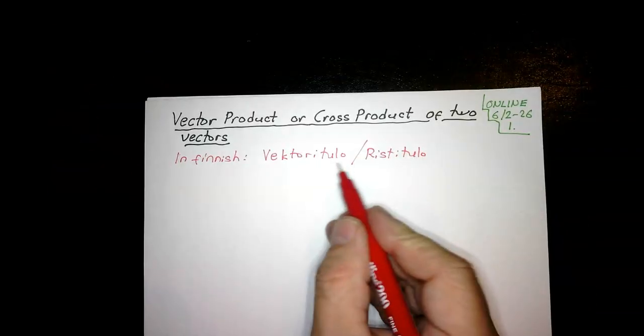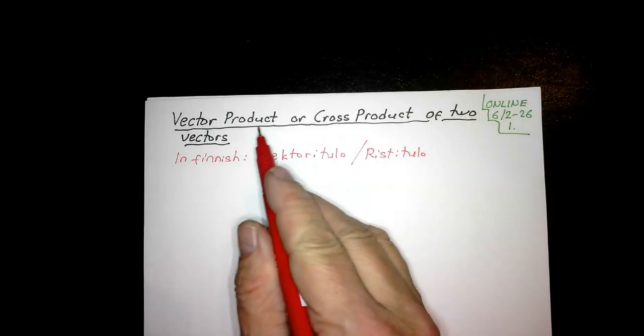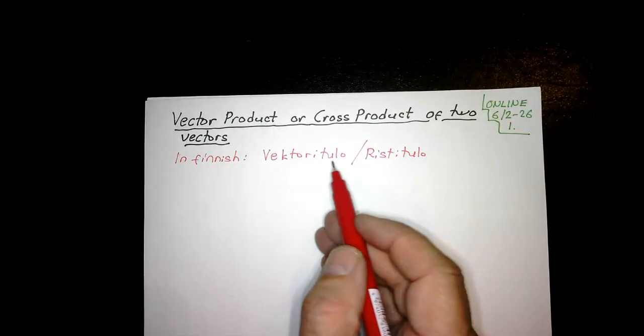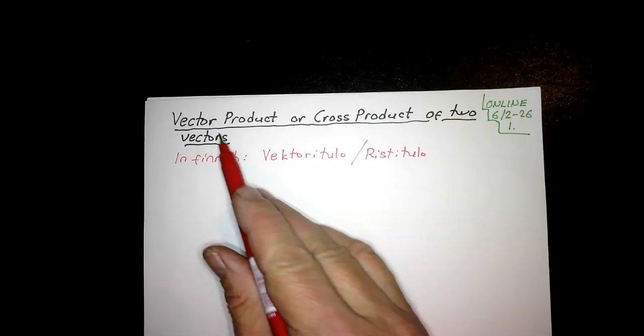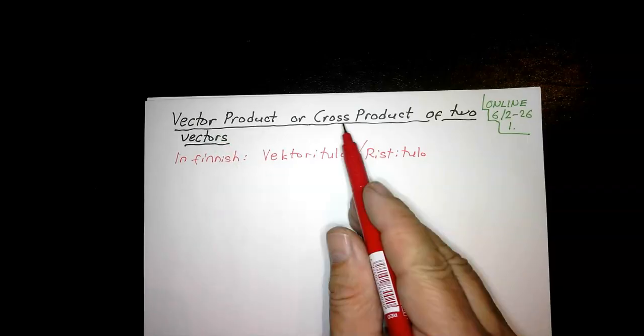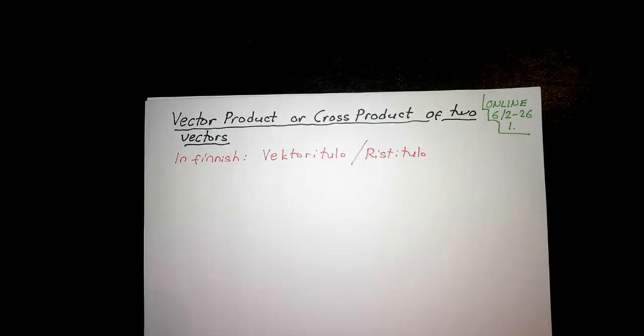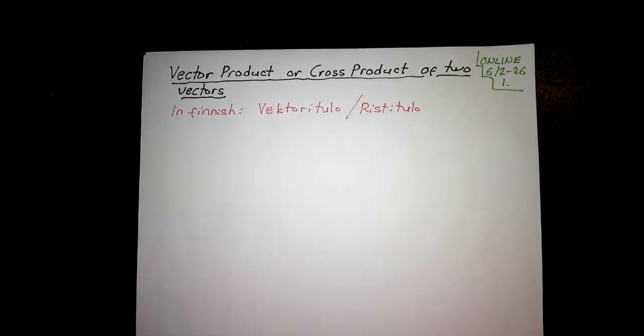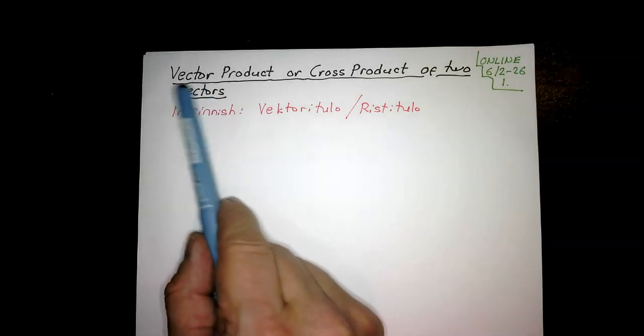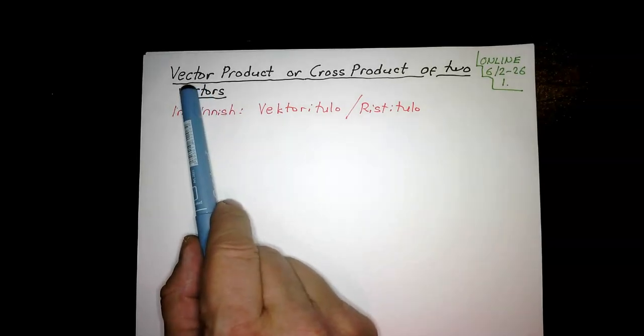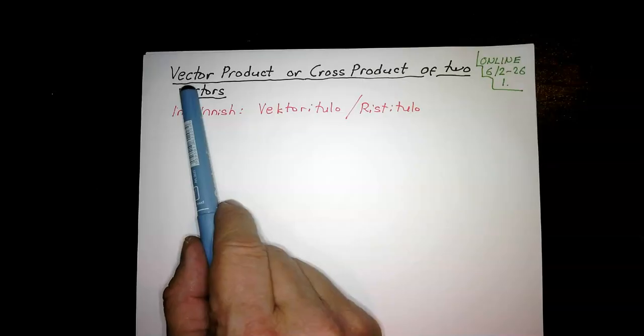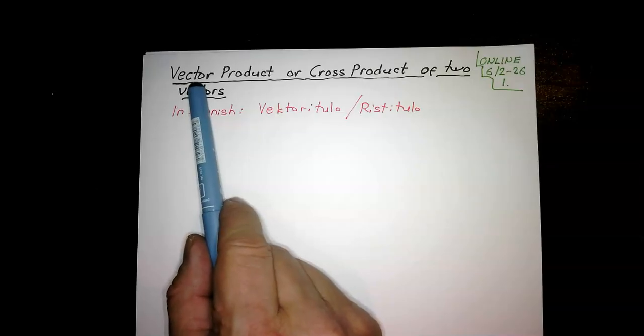Tulo in Finnish means the same as product or multiplication, vektori is vector, and risti is the same as cross. The name of this multiplication rule comes from the point that the result of this vector product will be a vector.